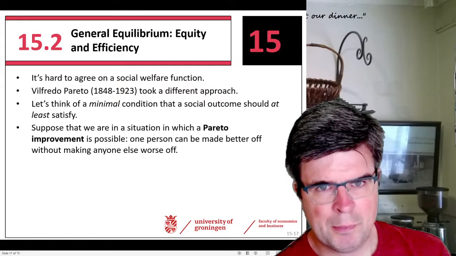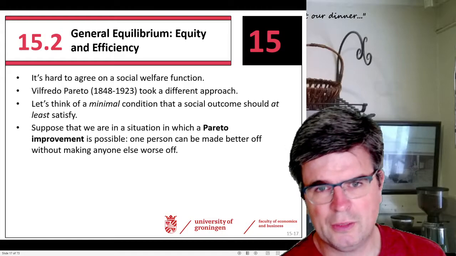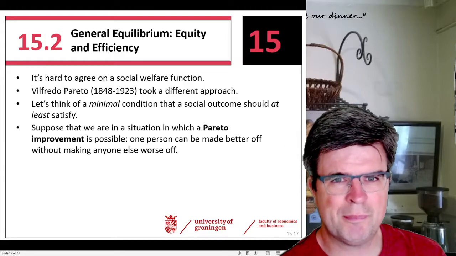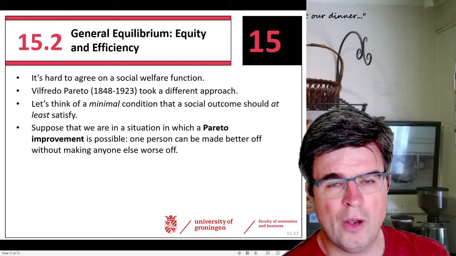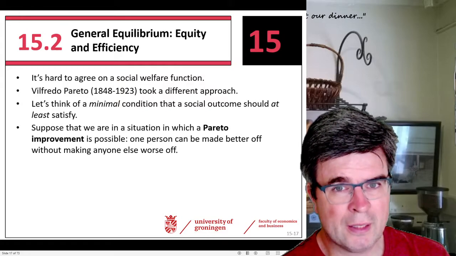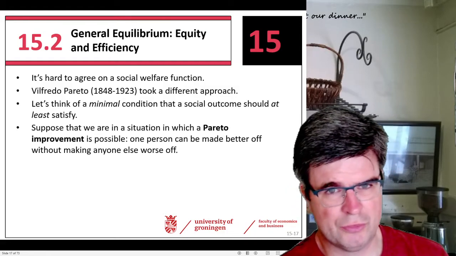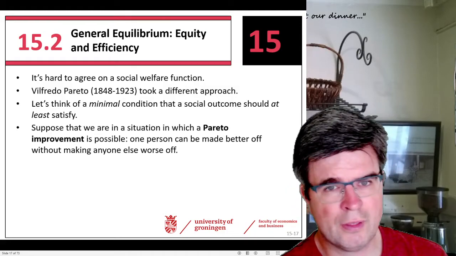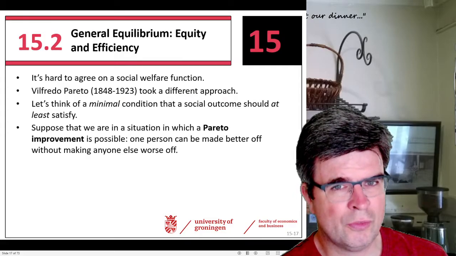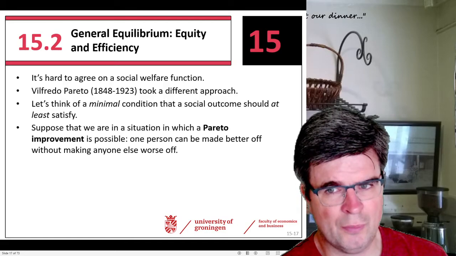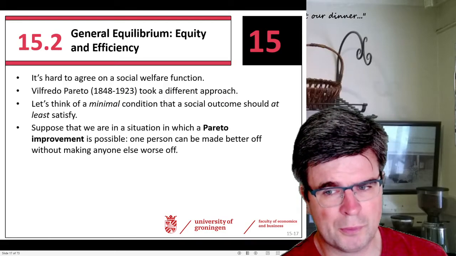And he came up with situations that he didn't call Pareto improvements himself, but they are named after him. So he thought of a situation where you could make at least one person better off without making anyone worse off. And he figured that as long as that is the case, then you did not reach yet an efficient outcome. And these are called Pareto improvements.